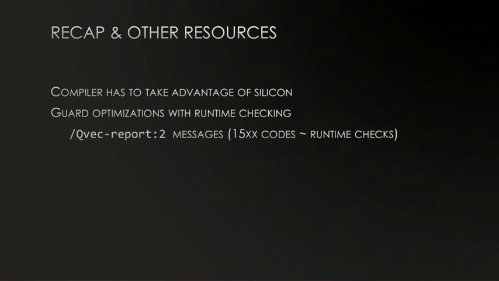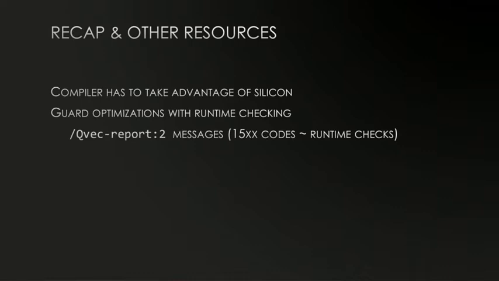And one of the ways we do it is guarding optimizations with runtime checks. We do that right now with automatic vectorization. I would love to extend that to other optimizations as well. It's just that when you are able to vectorize a loop, there's a pretty dramatic impact to performance. So we've targeted the speculative or the conditional optimization stuff more towards the vectorizer.